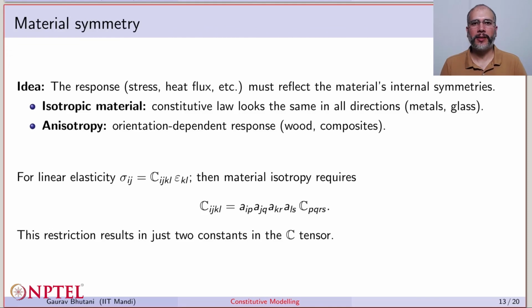So for the case of linear elasticity, which we'll discuss in detail in the next lecture, sigma, that's the response, is written as a function of epsilon in this way. So we multiply a fourth order tensor C to epsilon to get sigma. So this fourth order tensor has 81 components in principle, and these components have the information about the material behavior.